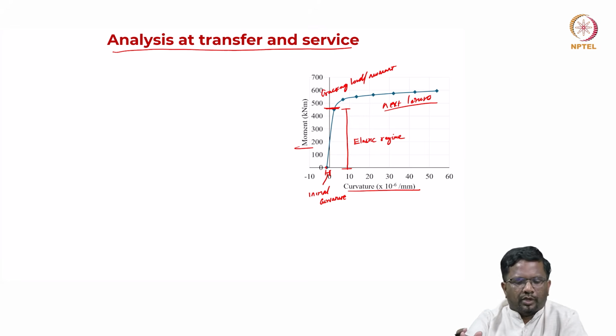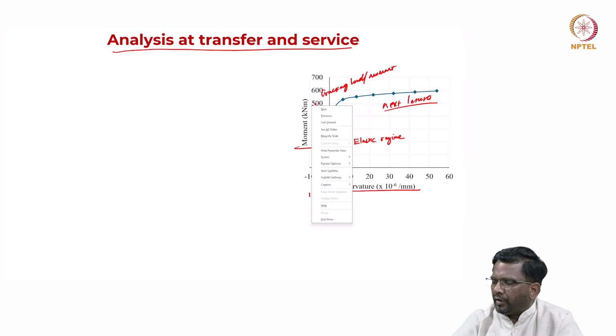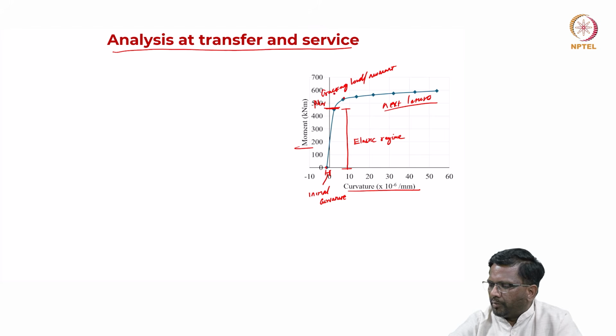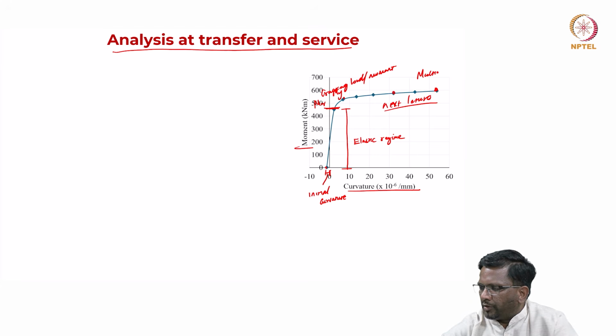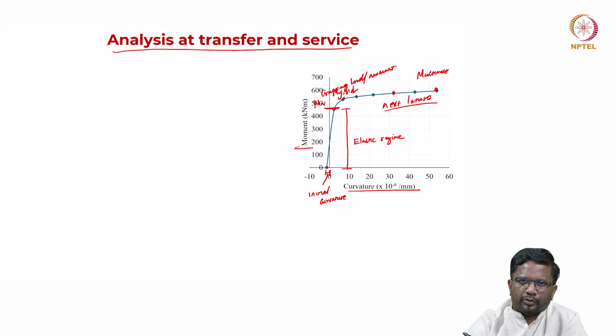In the next module or next lecture, we will see how to establish this moment curvature for a particular pre-stress concrete section. But you can see that the difference between M cracking and, let's say this is your M yield, and maybe this is M ultimate. You see M yield and M cracking, they are very close to each other.